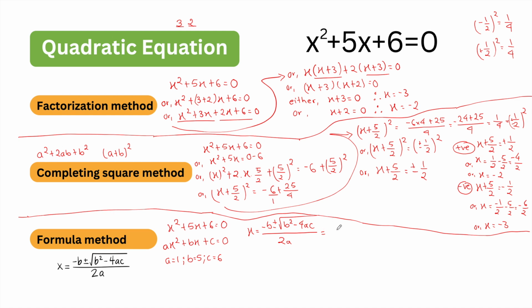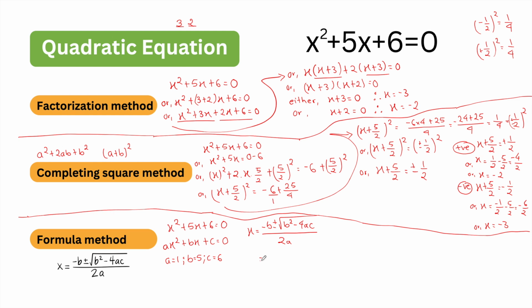So putting the values, minus b is minus 5, plus minus root of b square, which is 5 square. Let me just write it clearly, otherwise you might not understand, and I might not be able to make you understand, and the meaning of watching the whole video will not be a good idea.